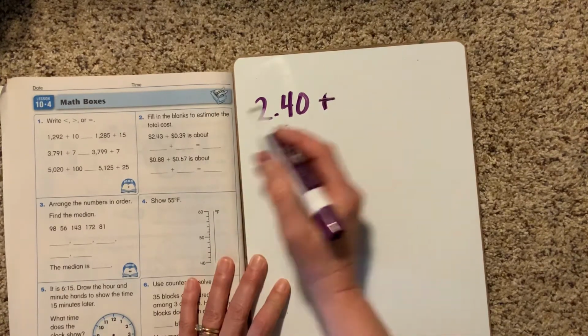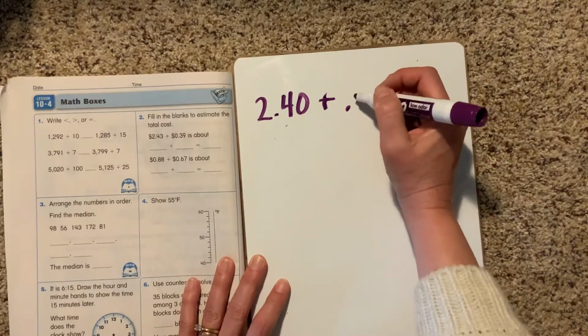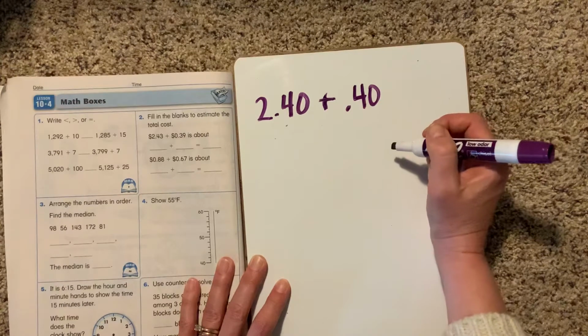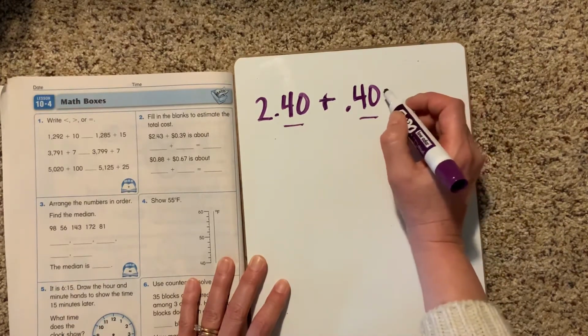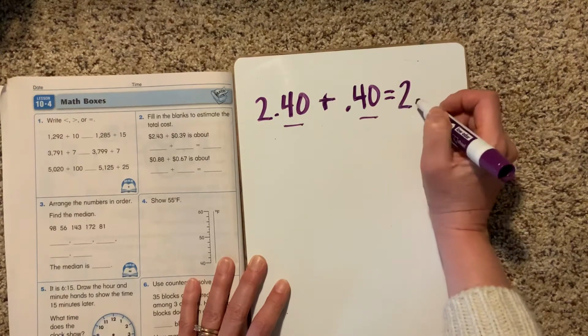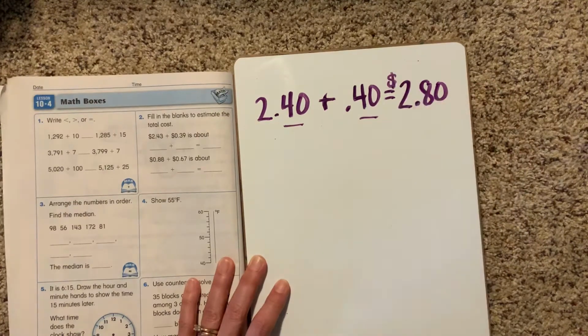If I add another, put your decimal place, 39 rounds to 40 cents. 40 cents and 40 cents would be 80 cents. So this is going to be close to $2.80. Again, you put your dollar sign though in your answer.